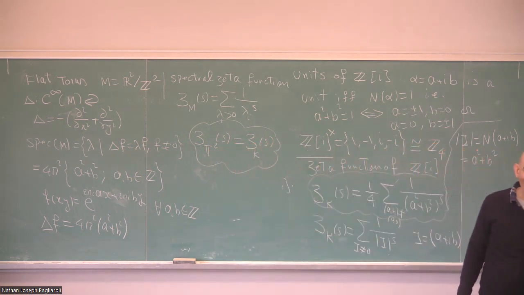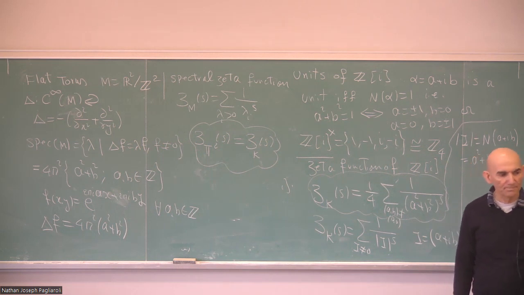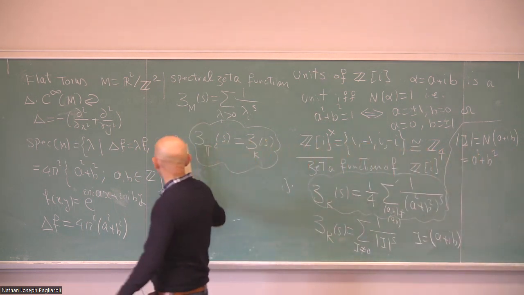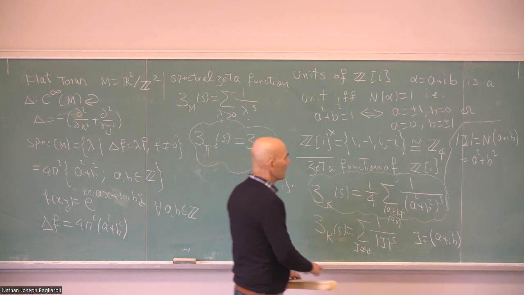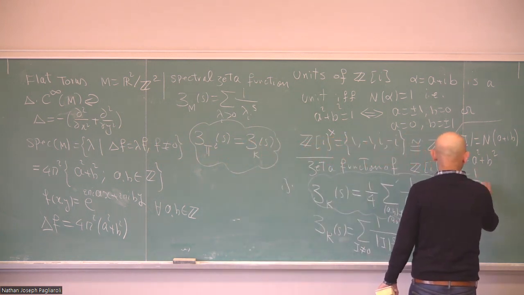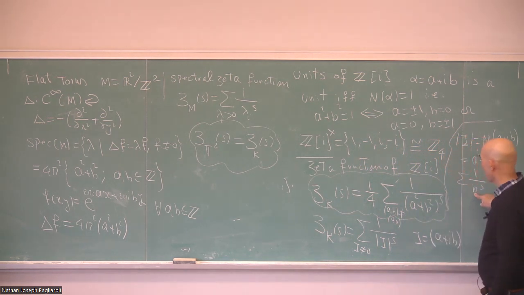You see, for the Riemann zeta function, it was not n squared, it was n.